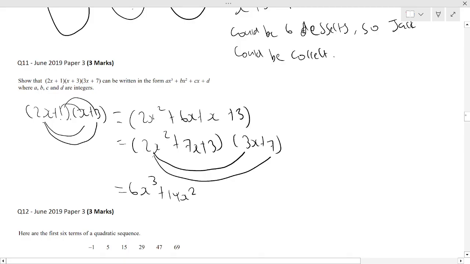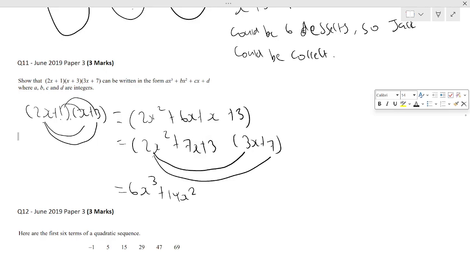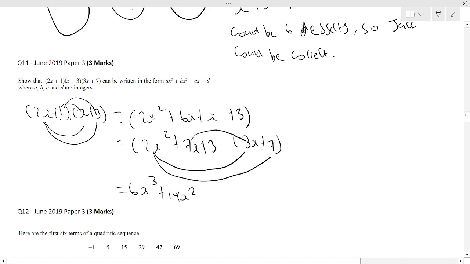Then you're going to have 7x times 3x, which would be 21x squared. x times x is x squared, remember. Then you're going to have 7x times 7, which would be 49x. Then you're going to have 3 times 3x, which should be 9x. And then 3 times 7, which should be 21.